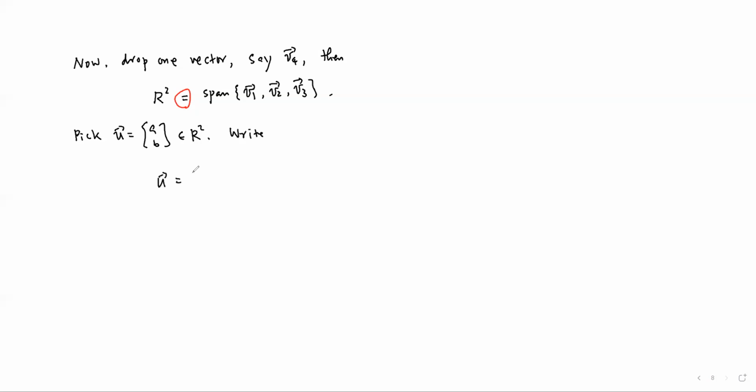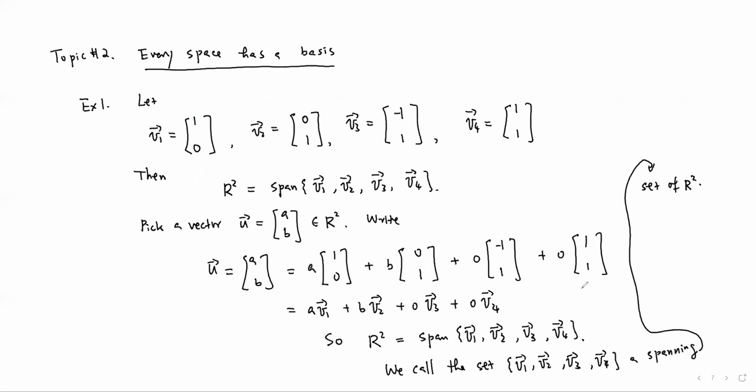Let me write U as A times 1, 0. 1, 0 is V1. B times 0, 1, V2. And 0 times V3. What is V3? Let me write 1, V3.